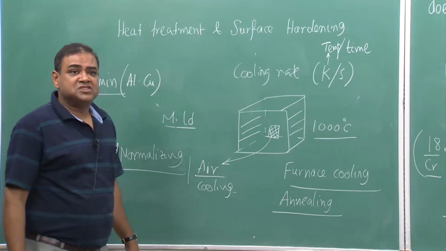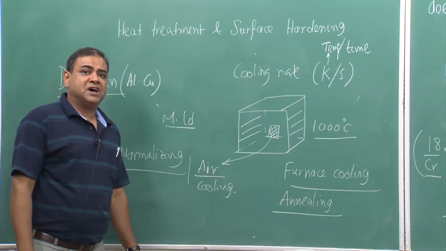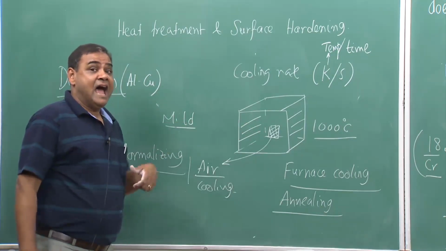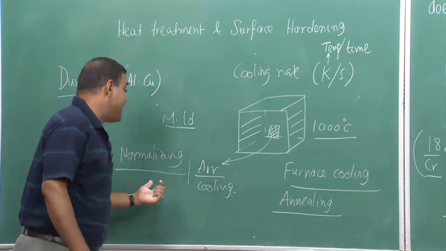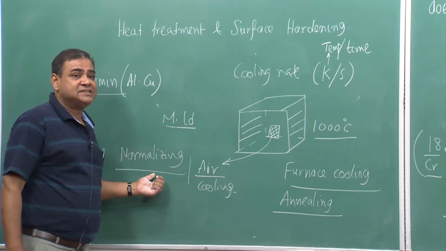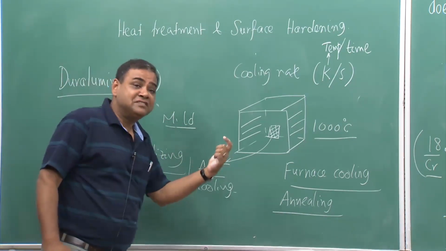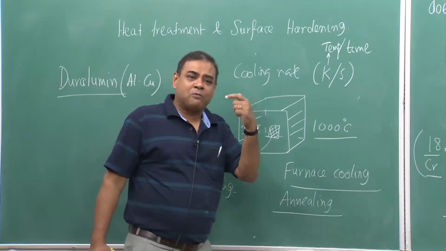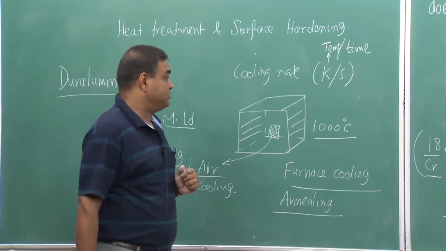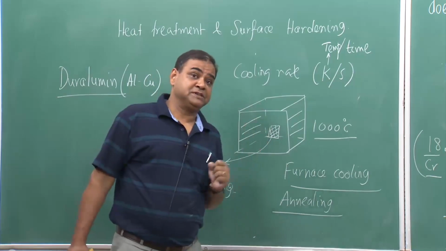That means we are changing temperature and time. As the microstructure is getting finer and finer because of higher cooling rate, we are getting higher and higher strength, and of course, the ductility would reduce or the elongation would reduce. That means we are changing properties.